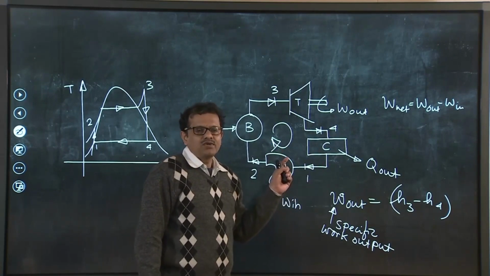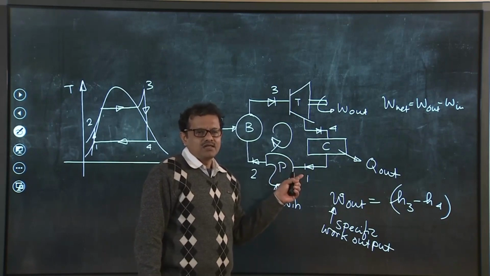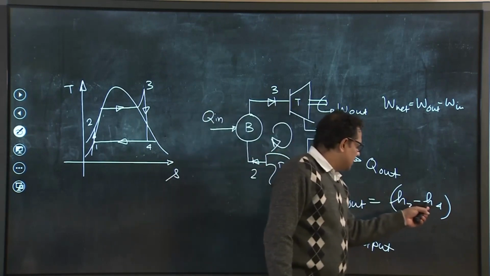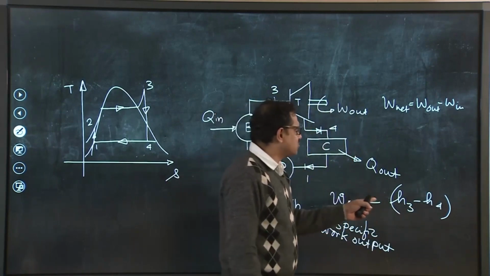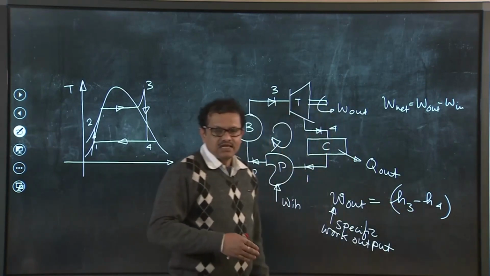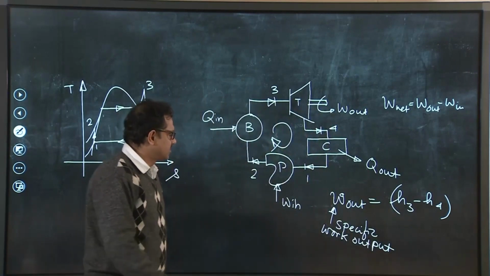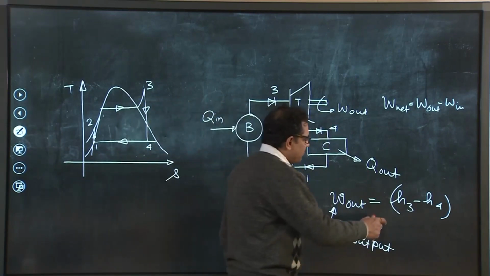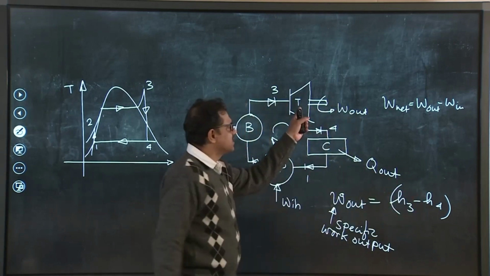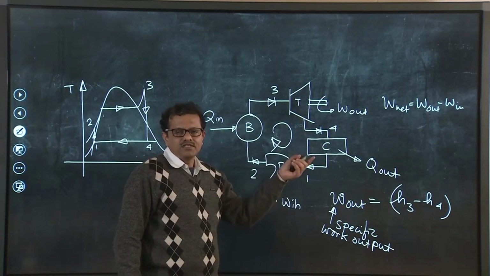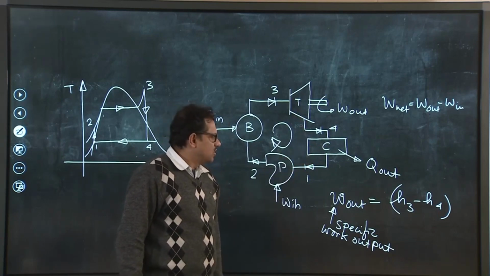Now, if you would like to reduce the temperature of the water, then enthalpy H4 should be less, and this is also a good thing, because the higher the enthalpy drop of steam inside the turbine, the more will be the specific work output.